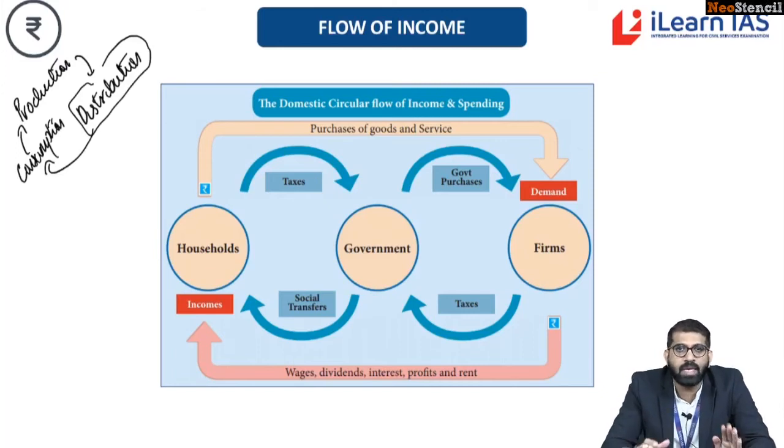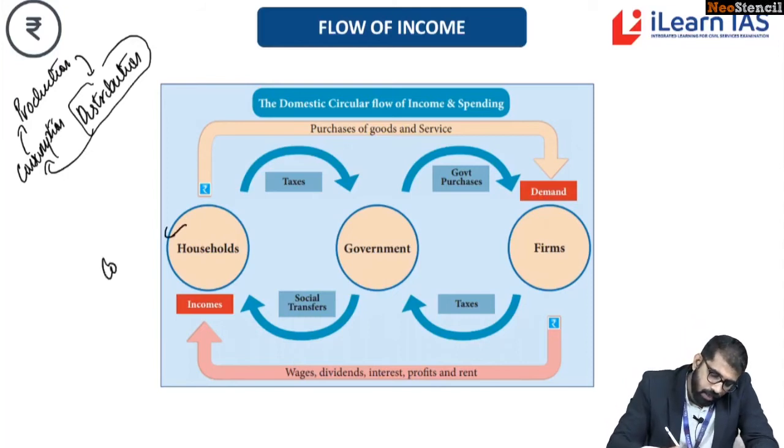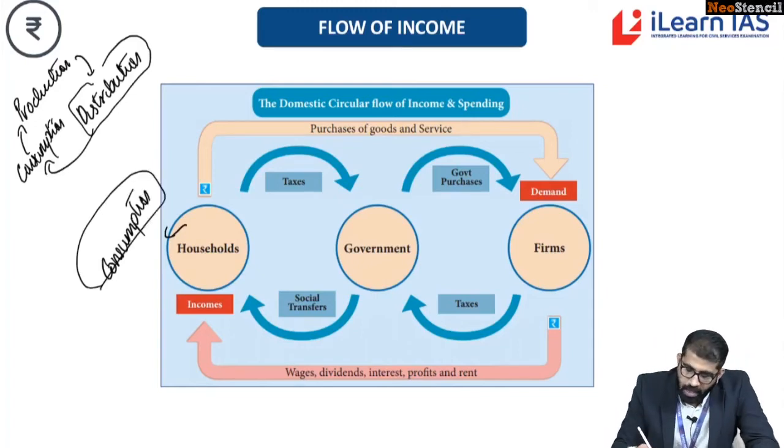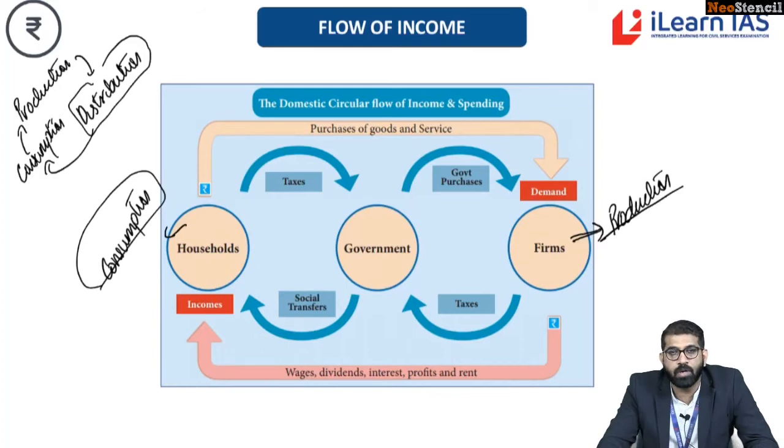So we consider consumption with that of household, and we consider production as the activity of the firms, because usually firms carry out the activity of production. Clear? So production and consumption need to be understood.